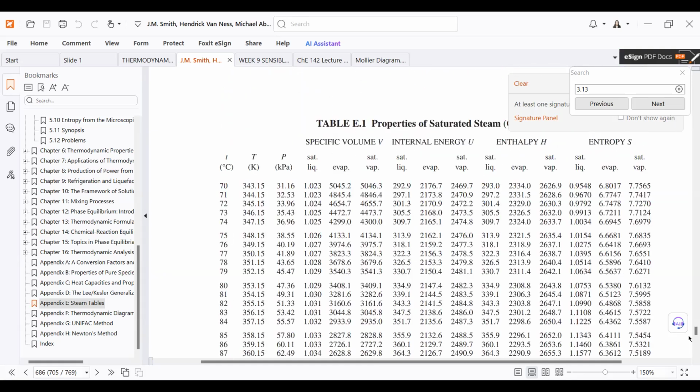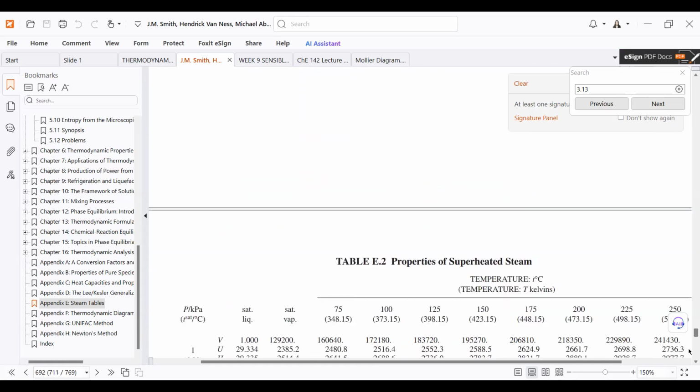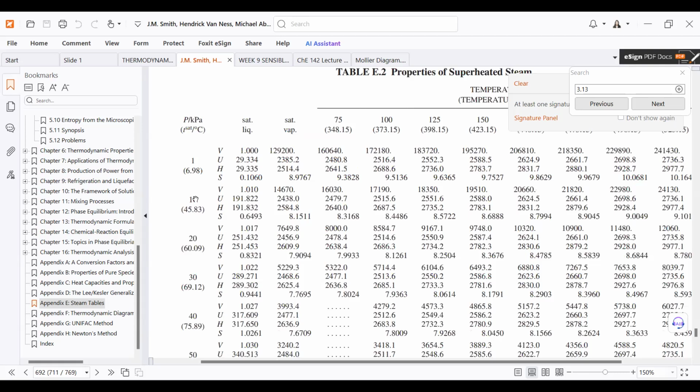Okay, for an easier approach, we can look here. This is exactly 10 kilopascals, and you write that.